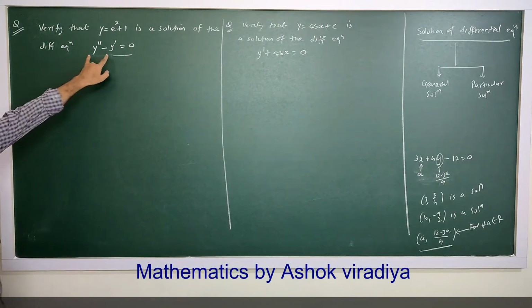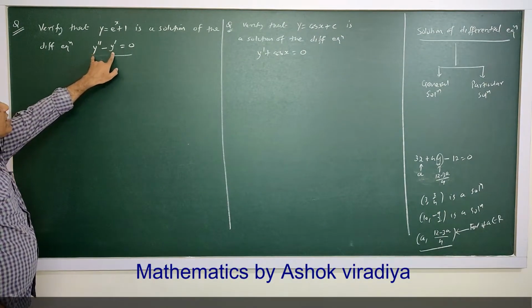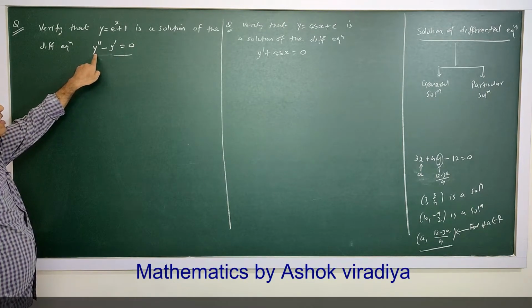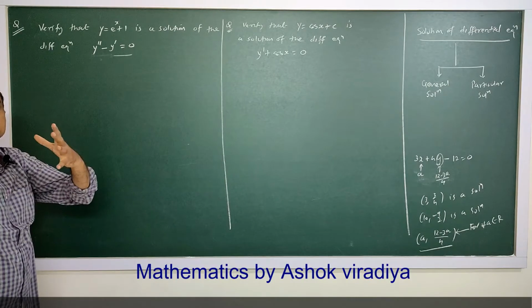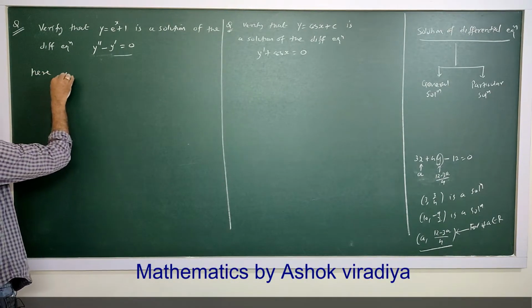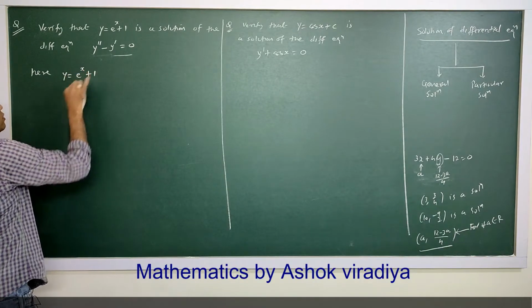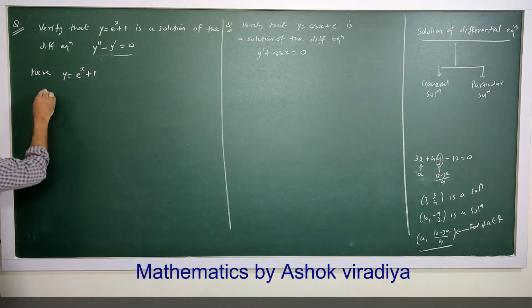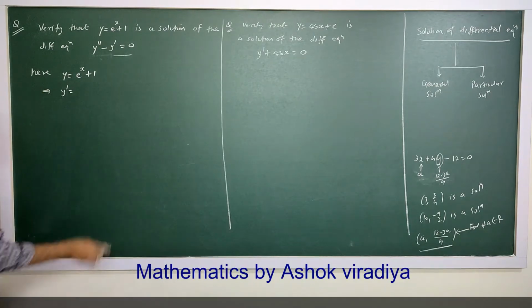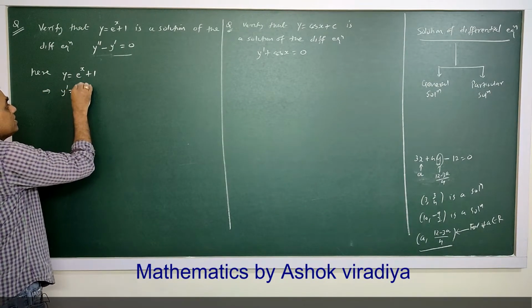So see which values are required: y double dash and y dash. Y double dash is the second order derivative, y dash is the first order derivative. Here y is e raised to x plus 1. So y dash means the first order derivative. Y dash, its derivative, is e raised to x.